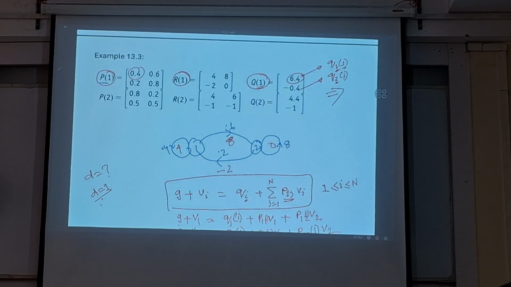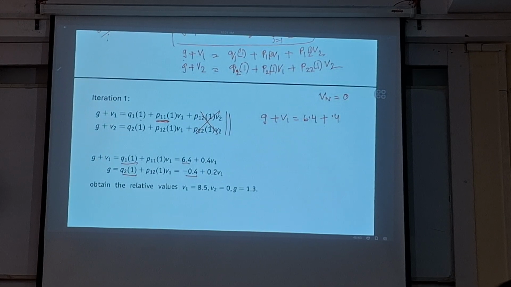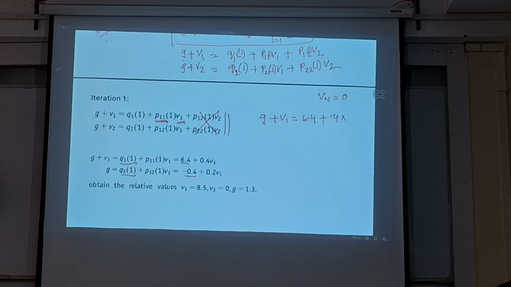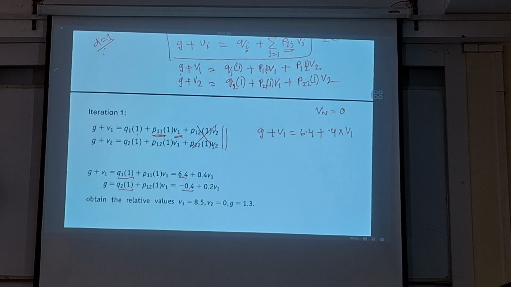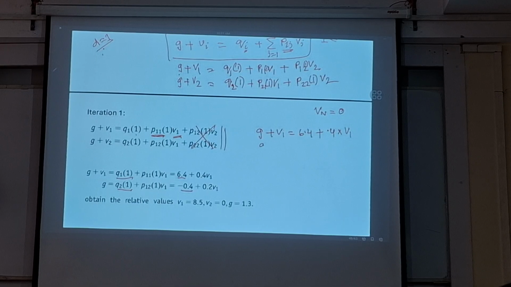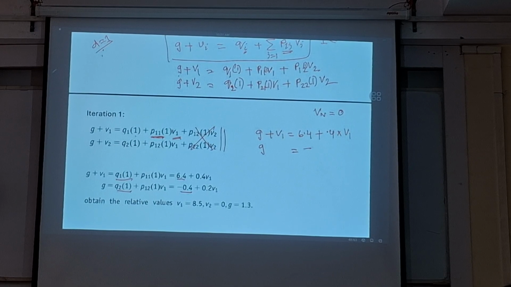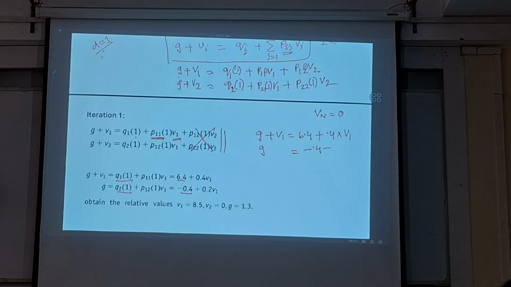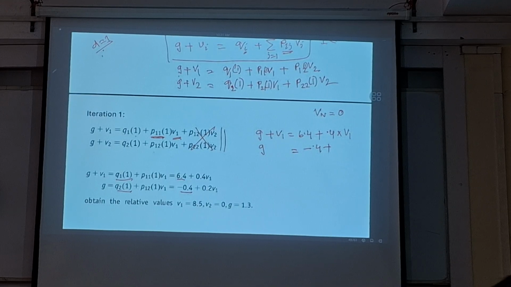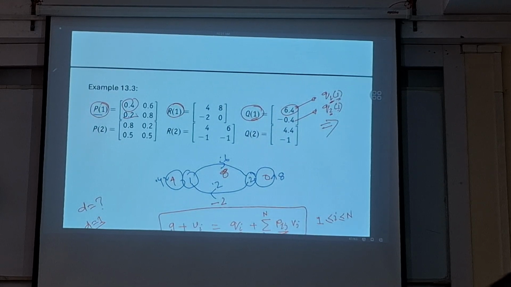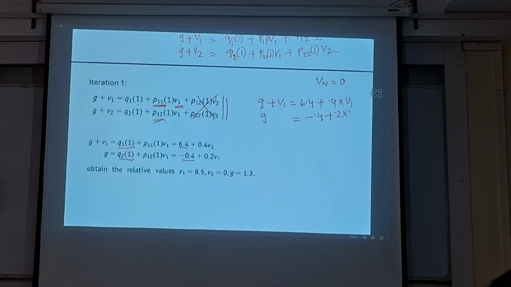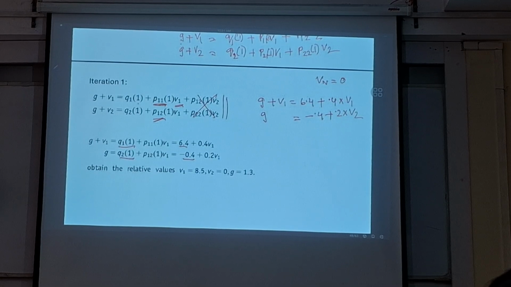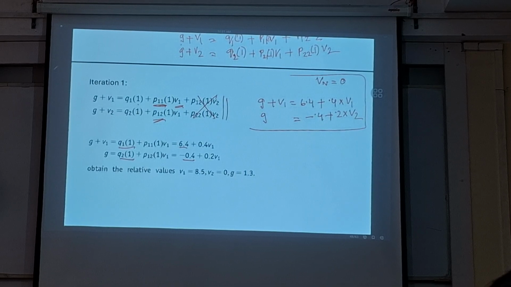P11 is 1.4 into d1, the variable that we need to find out. For the second equation, it will be g equal to minus 0.4 plus this probability is P12, this is 0.2 into. So up to this point, whether we are okay or not.